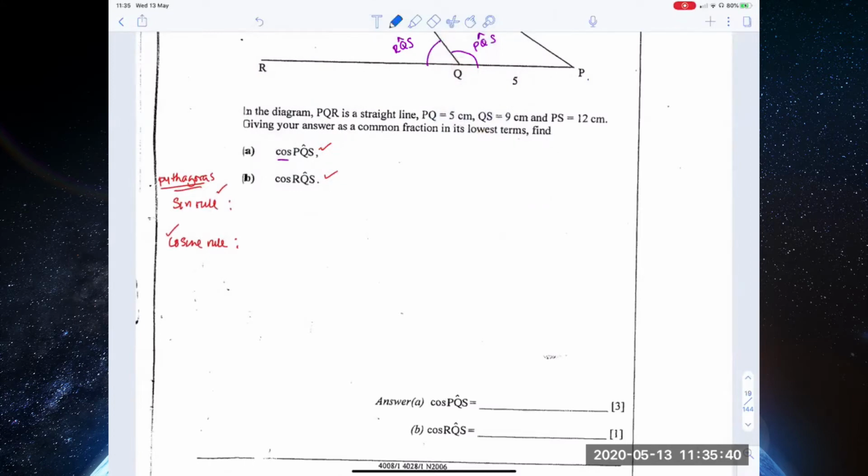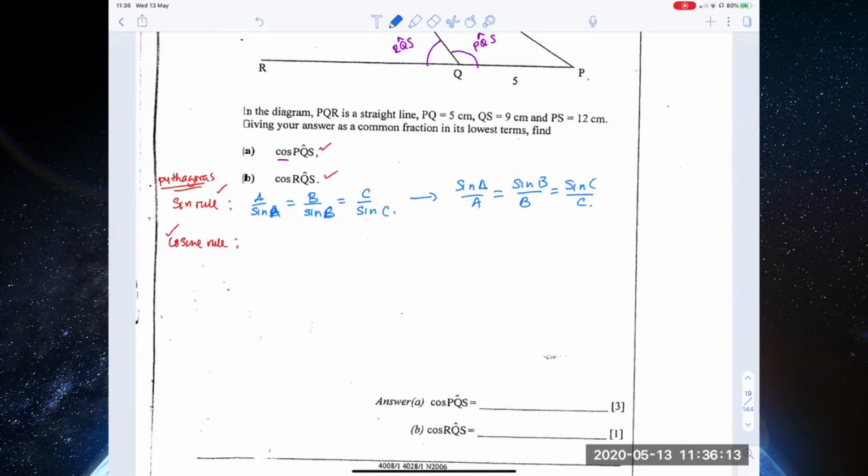What does it say? a over sine A is equal to b over sine B is equal to c over sine C. You can also write it the opposite way. You can say sine A over a is equal to sine B over b is equal to sine C over c. You'll get the same outcomes, yeah?